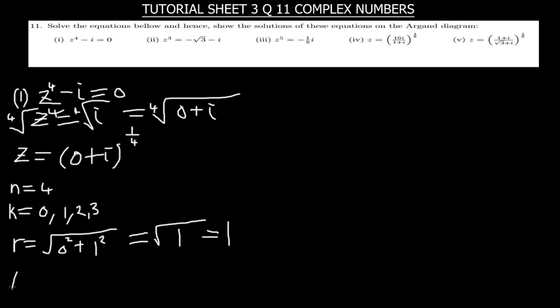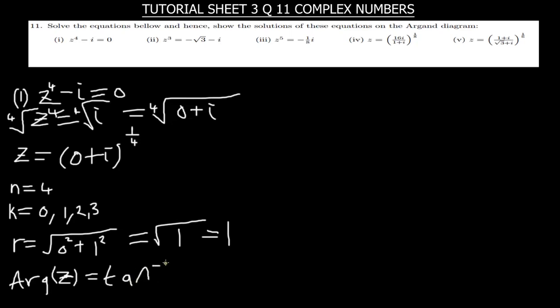So from there we find the argument now. The argument, which is abbreviated as arg, the argument of z is equal to tan inverse of y over x.